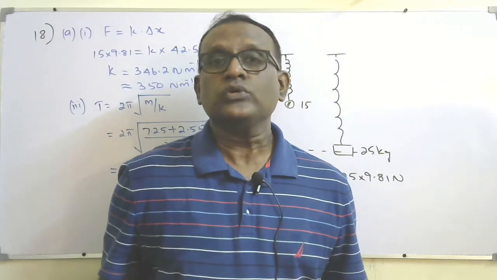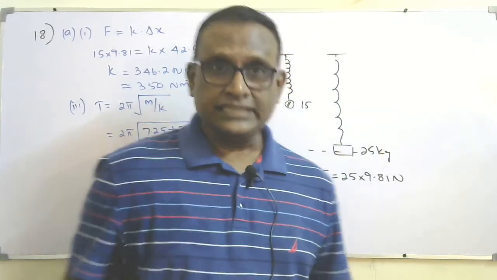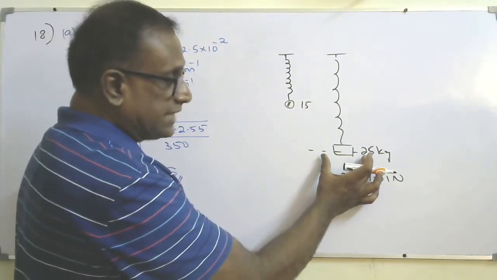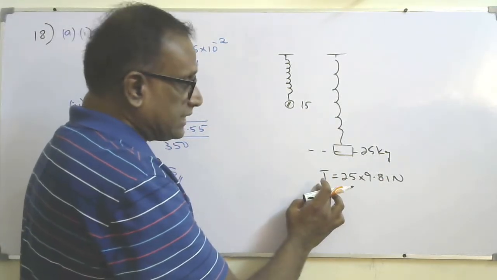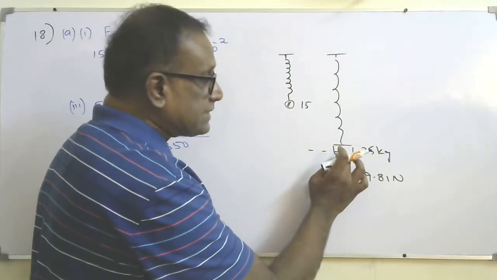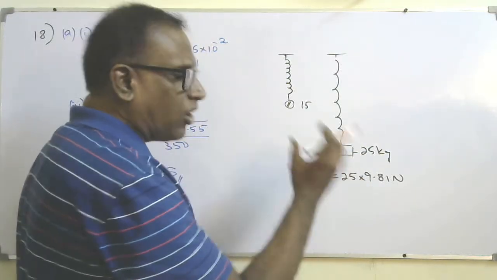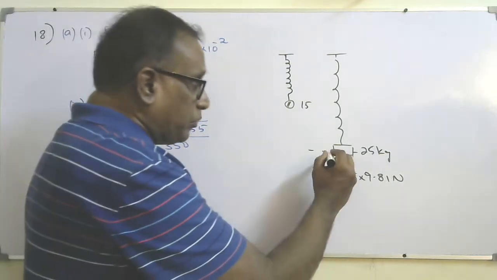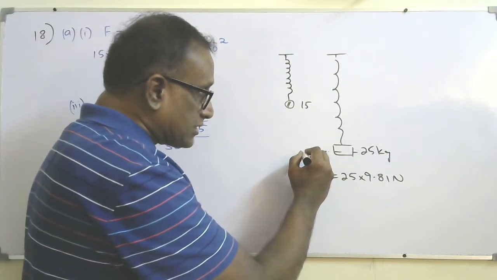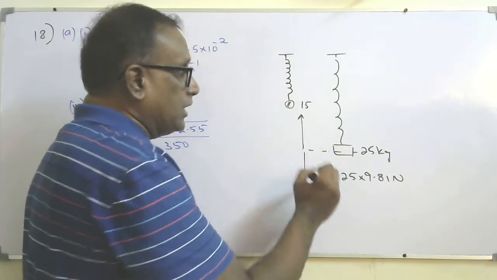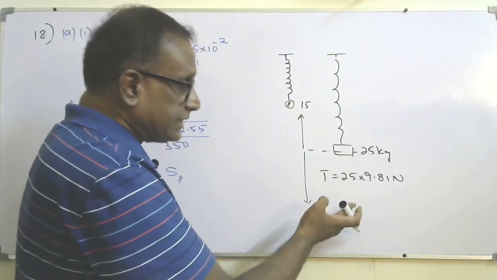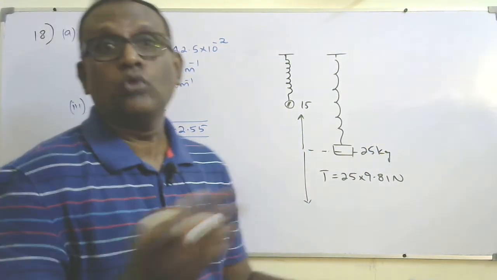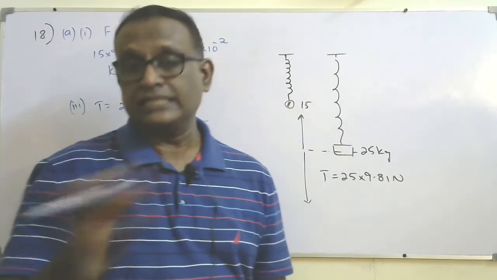That's the question. So you can say that during oscillation, the spring will go below the equilibrium position. Now when it is at the equilibrium position, the tension is equal to the weight. So the maximum tension, at almost the border of damaging, is 25 times 9.81. If you pull it further, it will oscillate down and up, so the extension of the spring will become more than the static extension. So the tension will become more than this maximum tension, and certainly it will break.